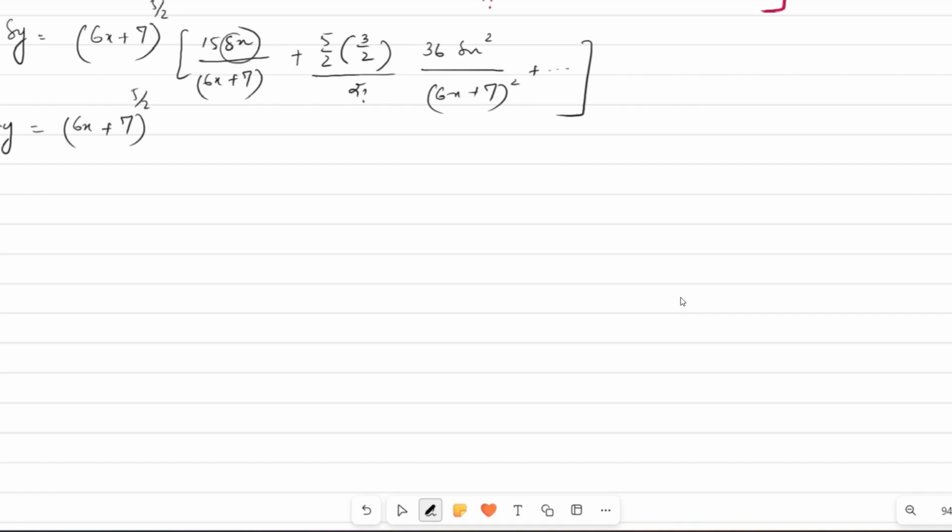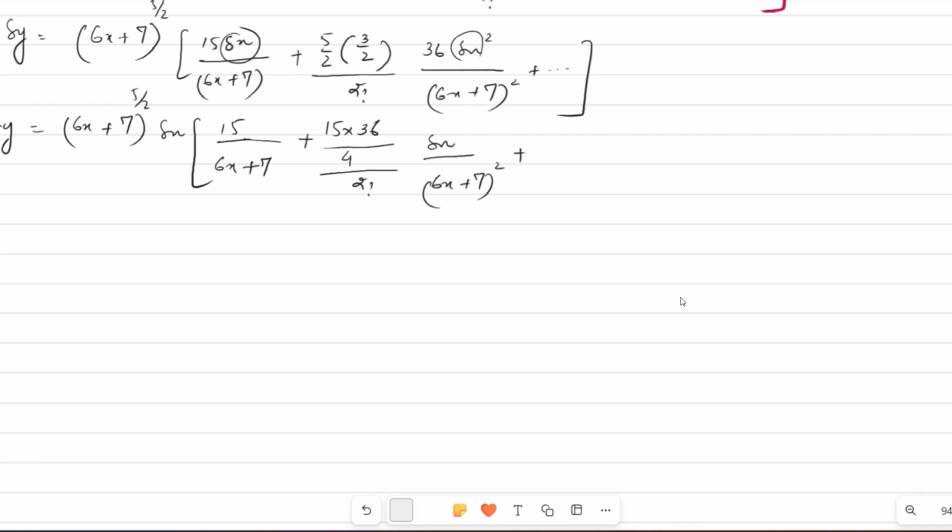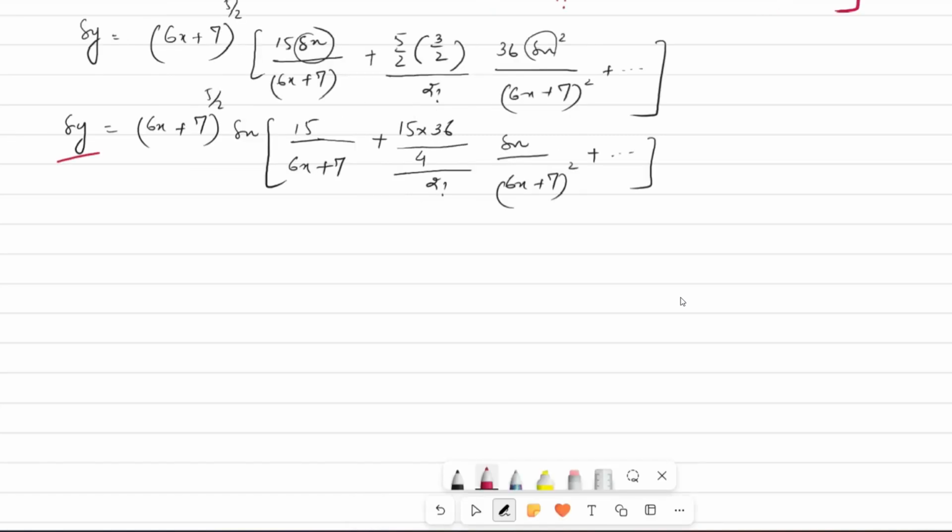We have to take this delta x common. So the remaining will be 15 upon 6x plus 7 plus 15 multiplied by 36 divided by 4 divided by 2 factorial and delta x upon (6x plus 7) whole square plus so on, and divided by delta x.